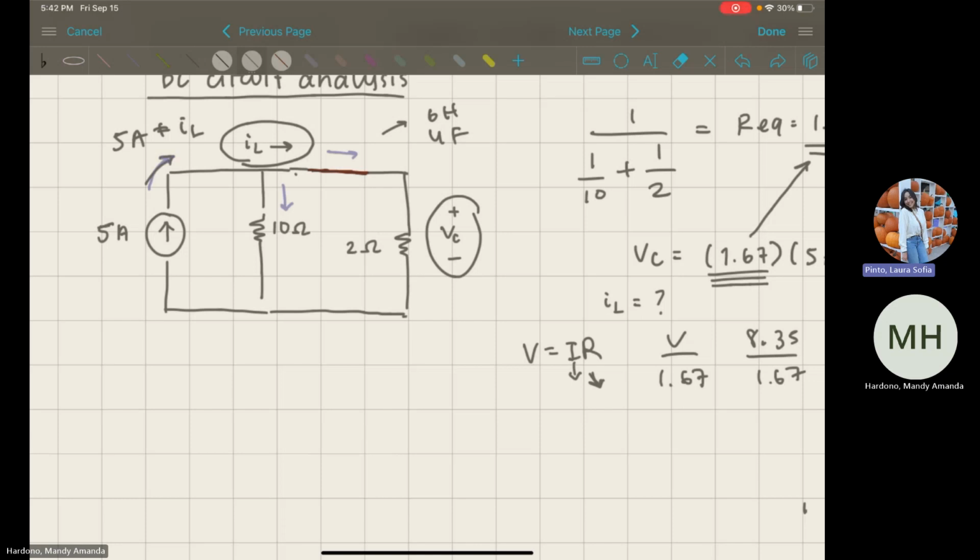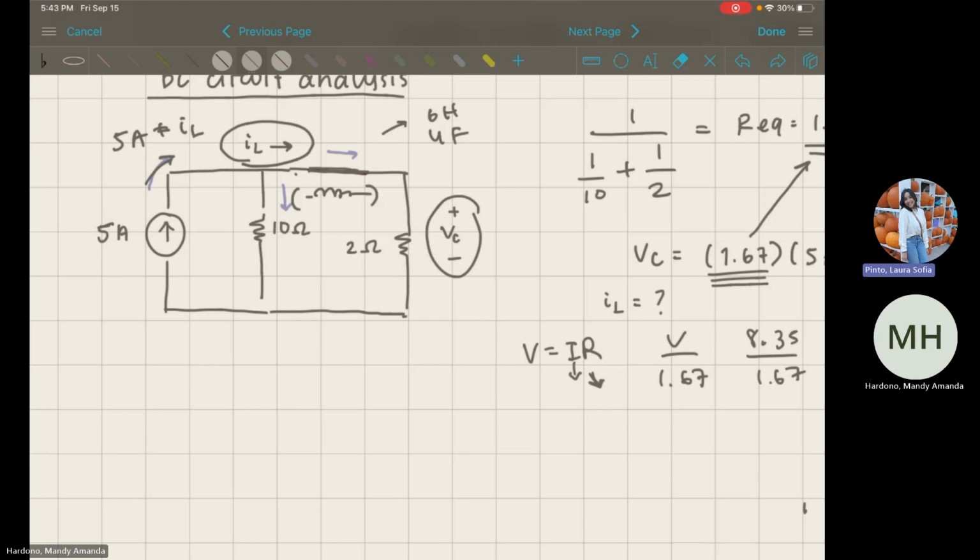Because you have a parallel circuit now that the capacitor is gone, and then there's this wire going across. You have essentially just this left, a current and then 2 resistors in parallel, and you want to find the current that goes through here, wherever the inductor was, the phantom inductor.